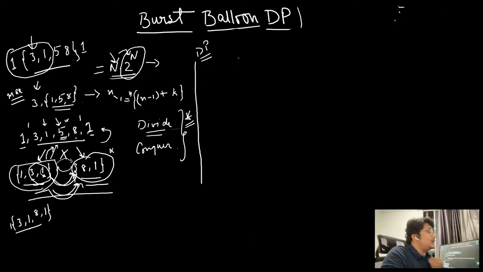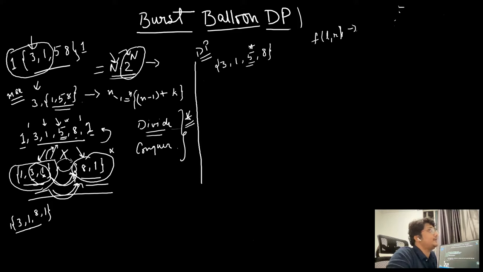So the usual way to solve this problem will be that we need to assume that when we are solving the problem, we are not bursting 5 at once. We are marking what will happen if 5 is busted at the end within this range. So for this range, let's say we have left and we have right.